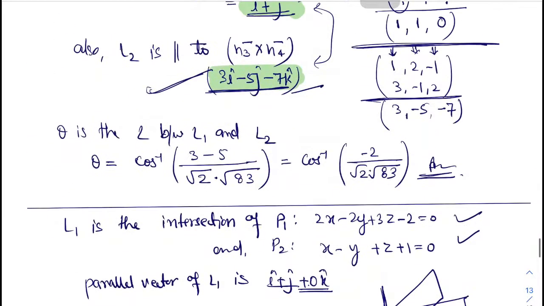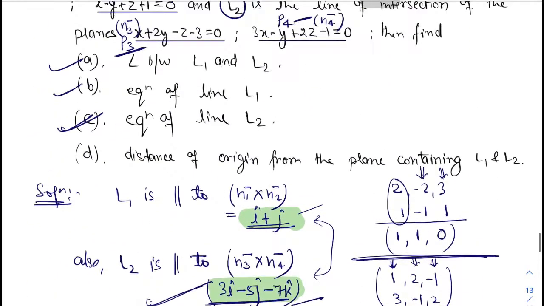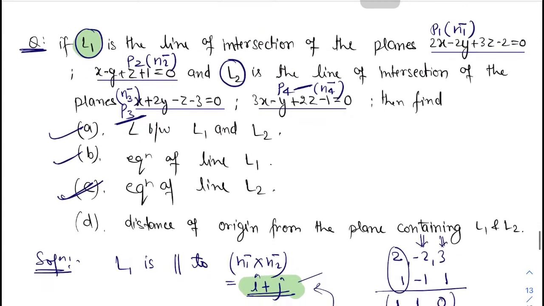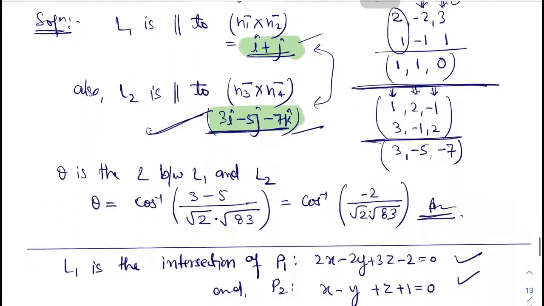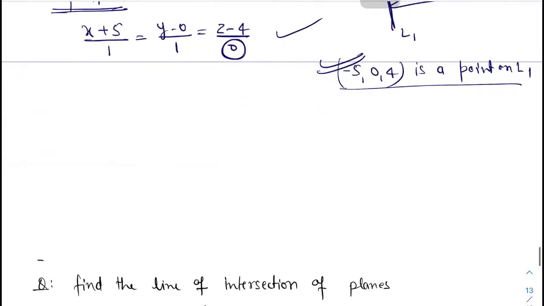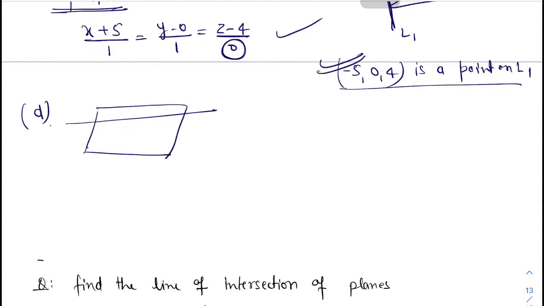The fourth question is, what is the distance of origin from the plane containing line L1 and L2? So in the fourth part, we have to find the equation of a plane which contains the line L1 and also contains the line L2. Then only we can find the distance of that plane from the origin.